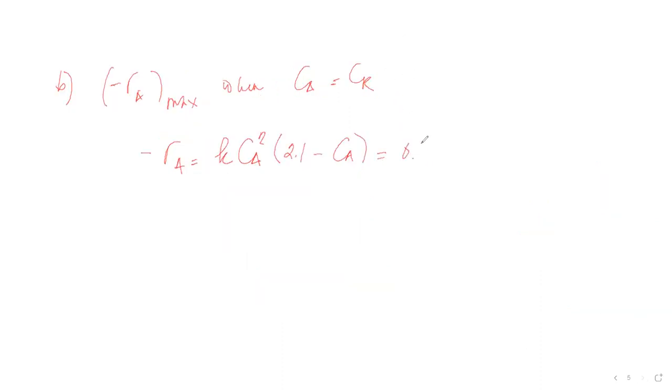So this is 0.0773 CA squared times (2.1 minus CA). There it is. I've written the rate law to give you a clue on how to find the concentration of A when rate is maximum.